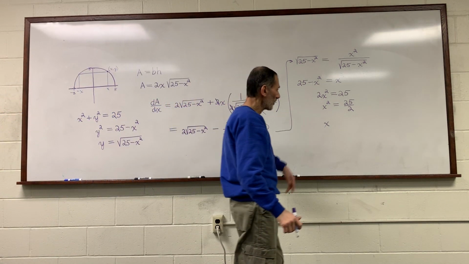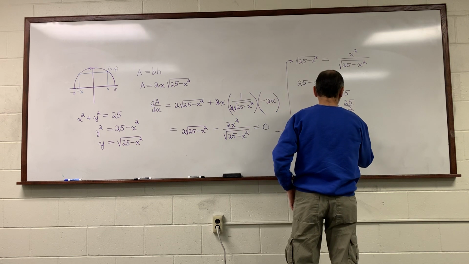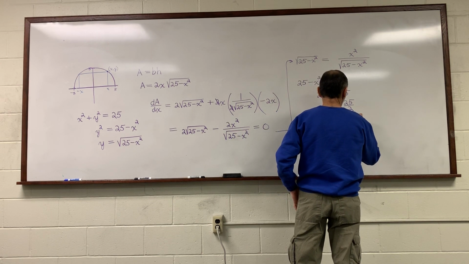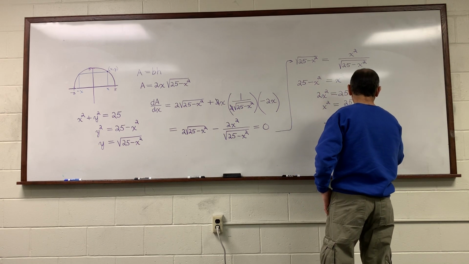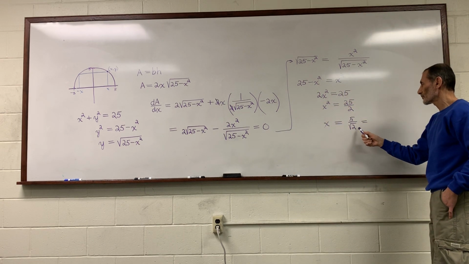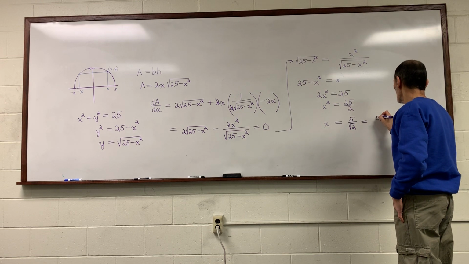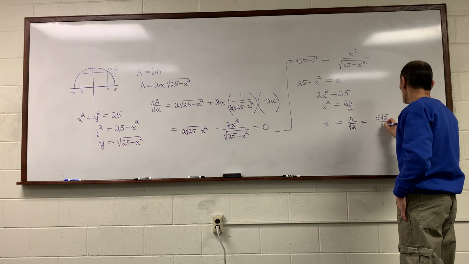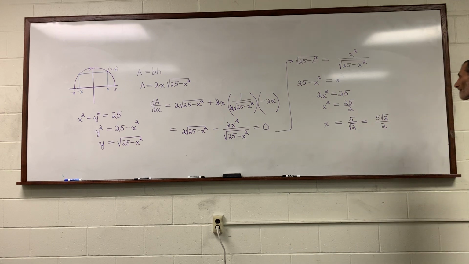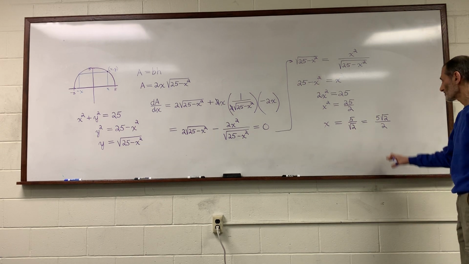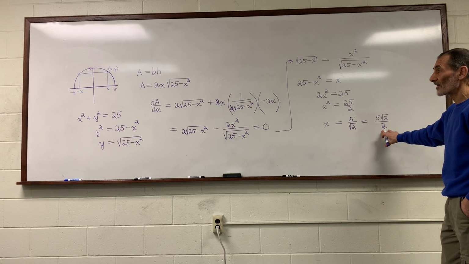So we don't need to worry about a positive and negative here. X equals 5 over the square root of 2, which equals, multiplying by the square root of 2 over the square root of 2, 5 times the square root of 2 over 2. So presumably, the area of the rectangle will be maximized when this is our value for x.